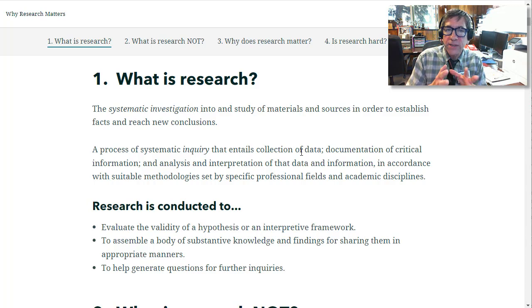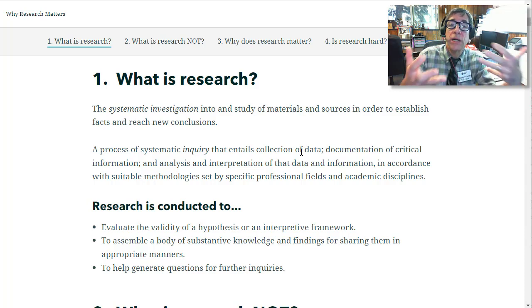Although, when you look at some of the key research and breakthroughs that have occurred in the past, serendipity, happenstance, random chance oftentimes leads to breakthroughs. So don't exclude those things, but it's in essence a systematic investigation. It is something that you take seriously and something that is purposeful and has a goal and a set of objectives. And to reach new conclusions, to advance knowledge, as we'll talk about.